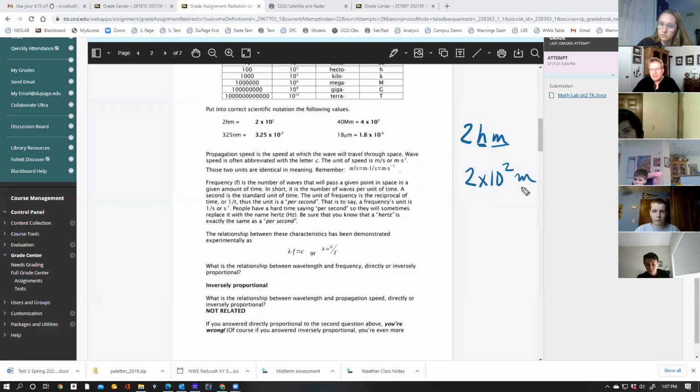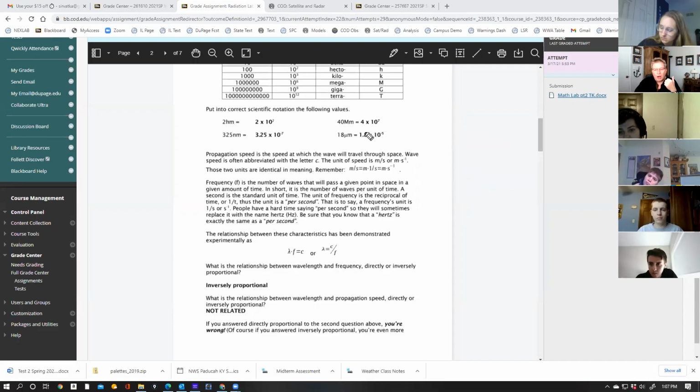Now, is that in scientific notation? So Tim, what I'm going to look for when I finally grade your stuff is that I need to see meters in here, because the value includes the unit. So all of these should end up in meters. But it is 2 times 10 squared, because that is scientific notation.